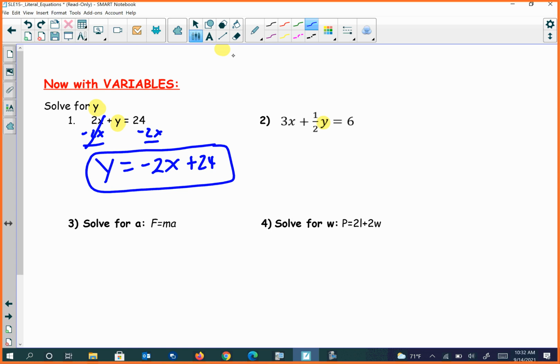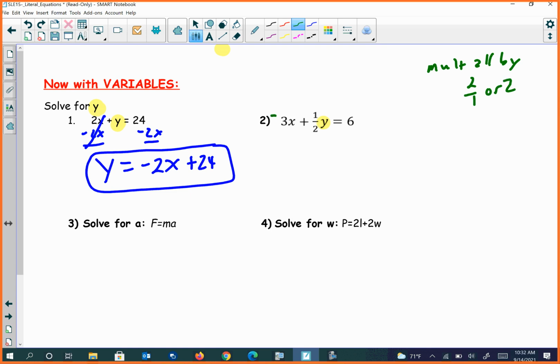Remember we learned a weird skill to get rid of the F word, fractions? Multiply everything by 2 over 1? All right, so I'm going to put a little note. Let's multiply all by 2 over 1 or just 2, because I don't always have to have a fraction.